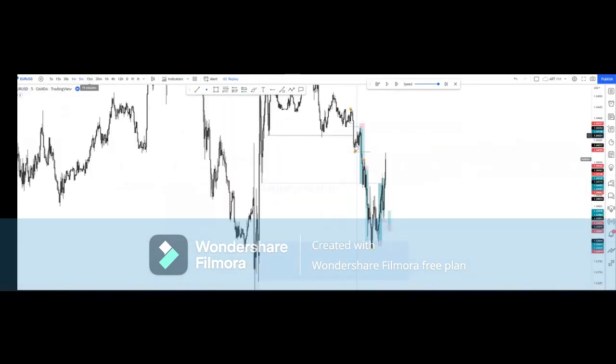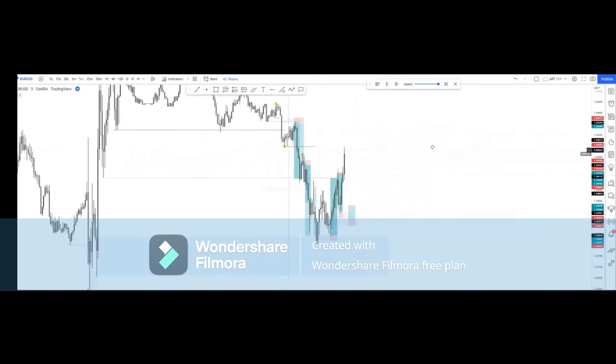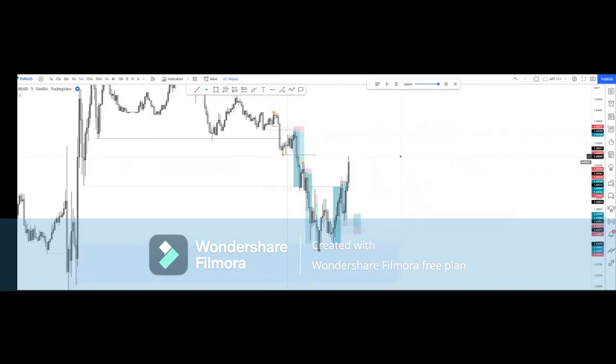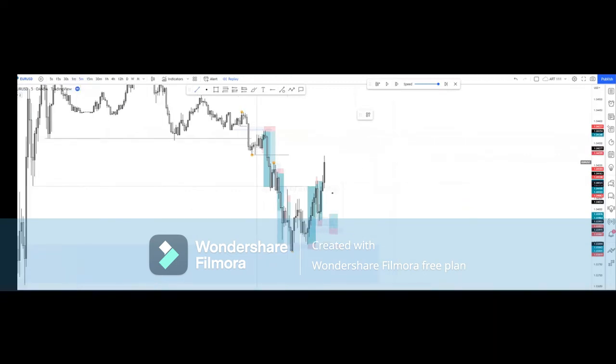Check the higher time frame now. All right, so we are currently breaking out of a bigger range. And because we're breaking out of a bigger range, let's see.